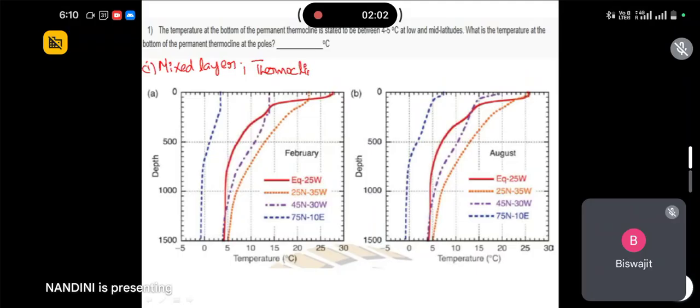Thermocline is a region of rapid temperature change with respect to depth.